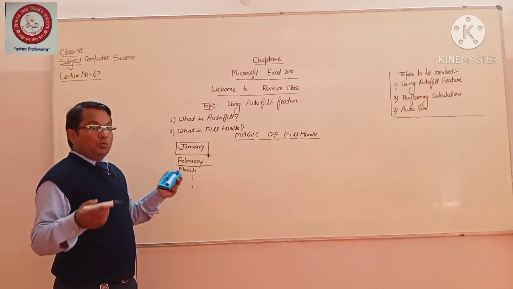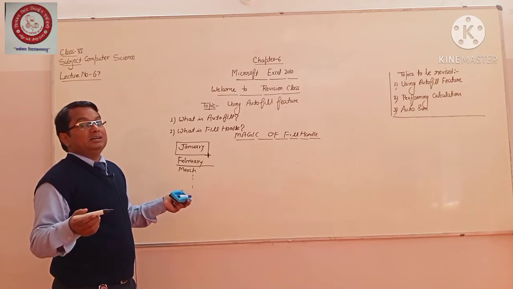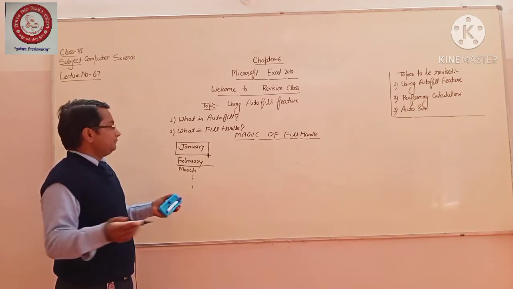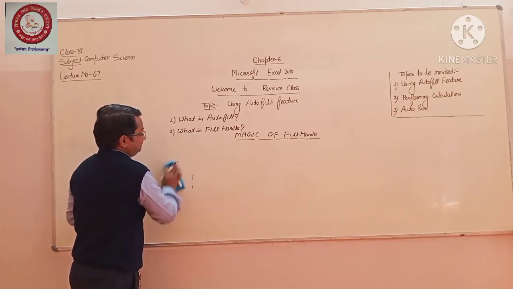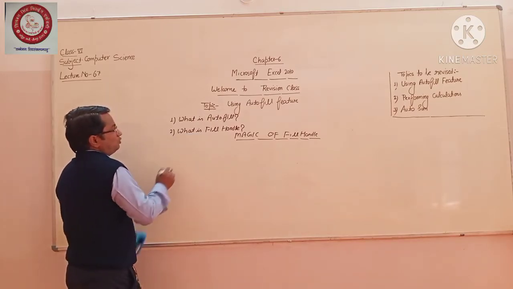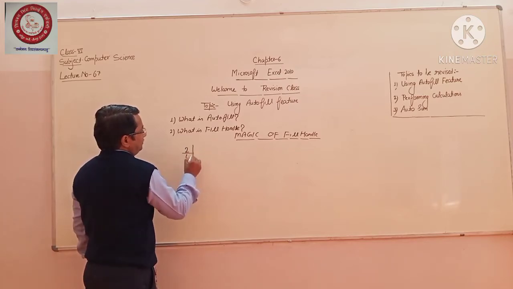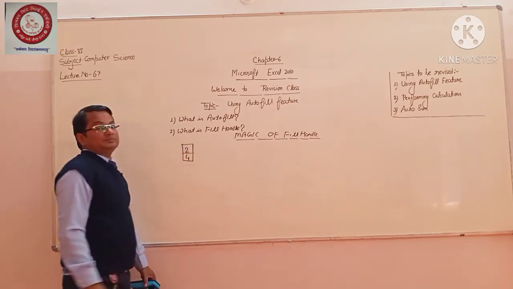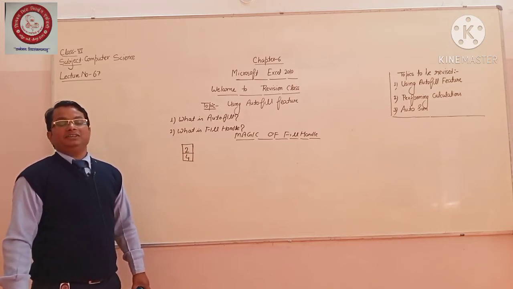Let's check what happens if you write numbers. Suppose you have written 2 and then 4 in two different cells. Please remember, in the first cell you have written 2, in the second cell you have written 4.